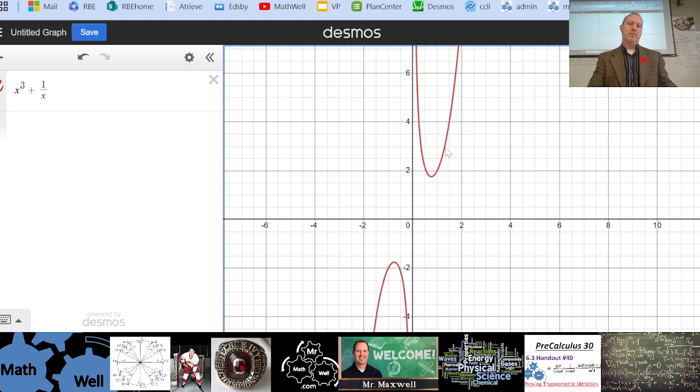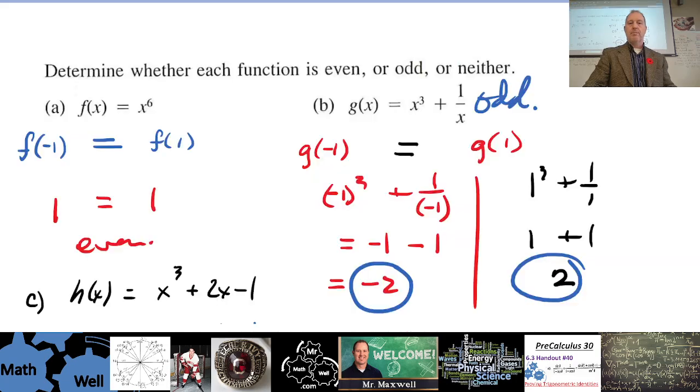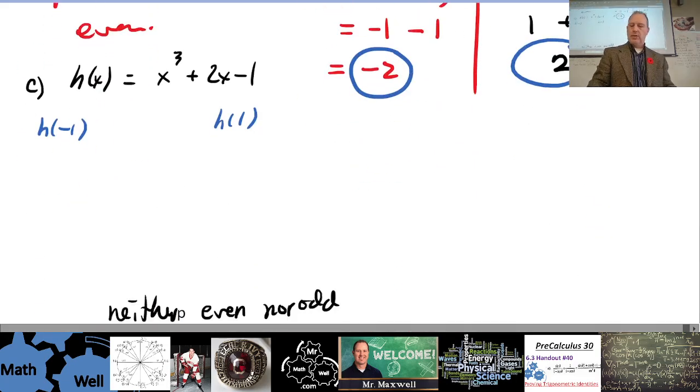So this does have rotational symmetry. It has to happen in less than 1 full rotation. If it maps onto itself at least once within one full rotation, then you're good, then it's odd.